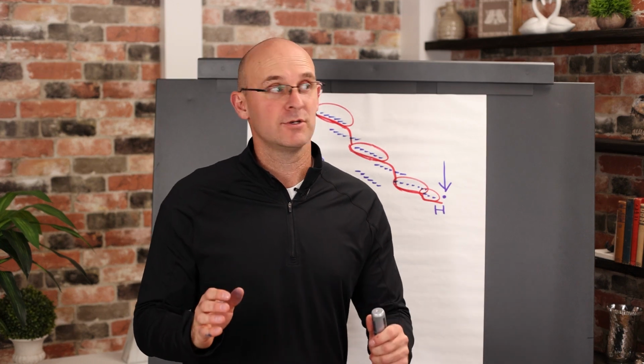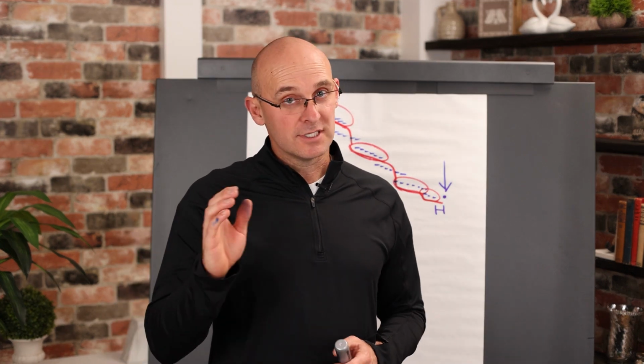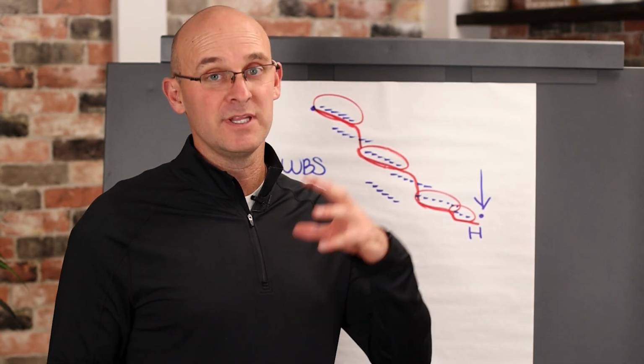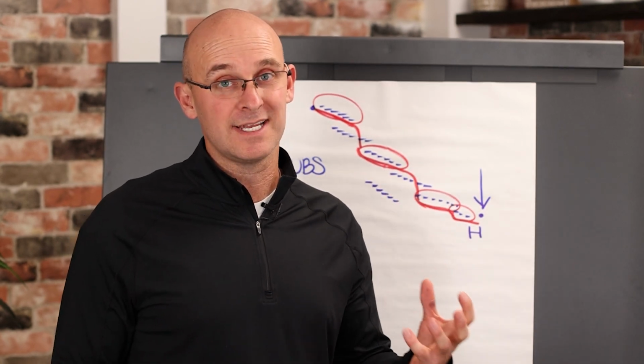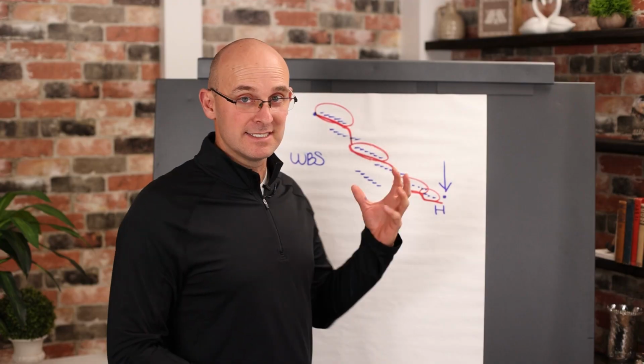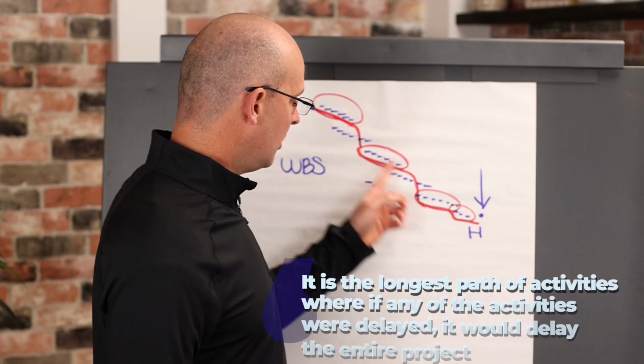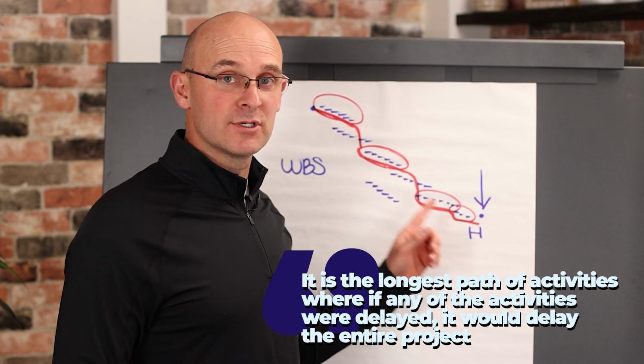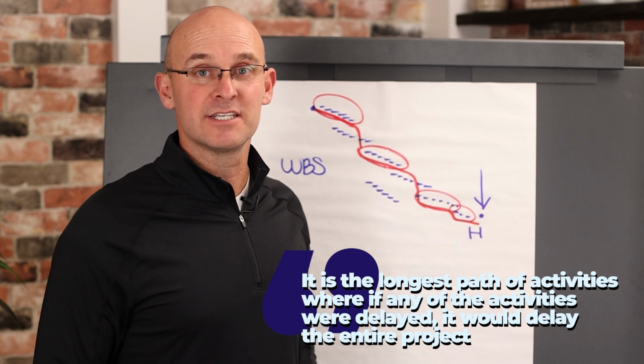Now, here's what I want you to watch out for that's really crucial for your project. Some definitions, and I do believe most of how people understand the definition of a critical path, it's explained this way. It is the longest path of activities where if any of these activities were delayed, it would delay the entire project.